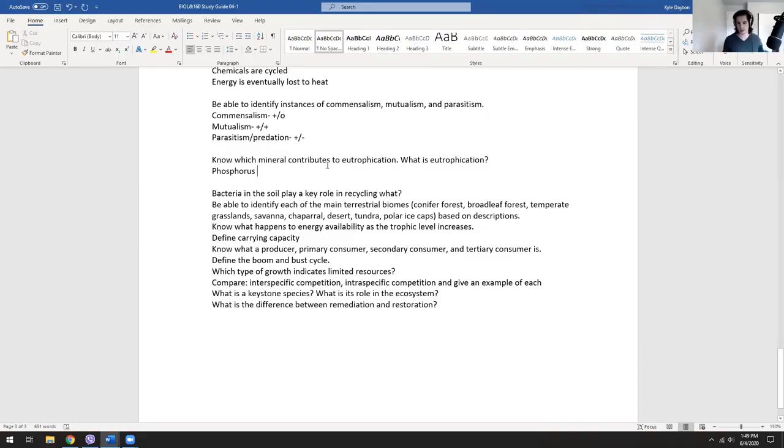The main component is nitrogen. We know that plants like nitrogen, but we also throw phosphorus into that. And we fertilize a field of crops. It rains. That rain moves the water containing the micronutrients within the fertilizer. It moves it to bodies of water. And so you move all that phosphorus to a body of water, for example.